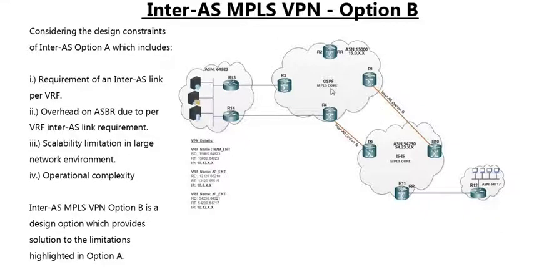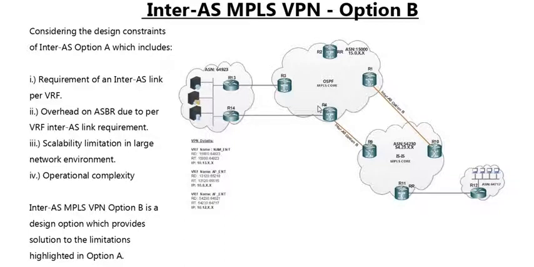In this case, you still have everything that you had before, which includes the PEs and the ASBRs and of course the CEs. And with that, you are able to simplify further the configuration between the two service providers, particularly on the ASBRs. Every other thing remains the same on the PE and the converging part between the PE and the ASBRs.